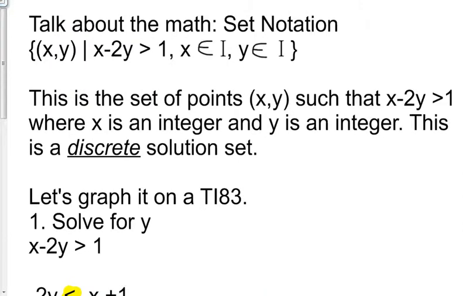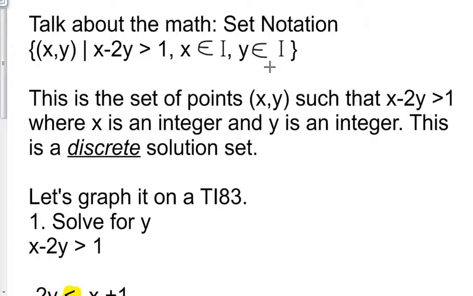Alright, let's talk about set notation a little bit. This garble here might be a little bit confusing at first, but I promise it's not that bad once you get used to it. So here I have the set of points x comma y. This straight up and down line means such that. So I have x comma y such that x minus 2y is greater than 1. x ∈ ℤ and y ∈ ℤ, that means that x is within the set of integers and y is within the set of integers.